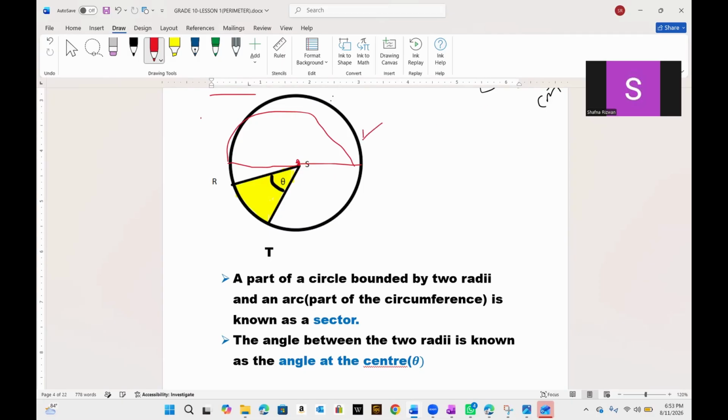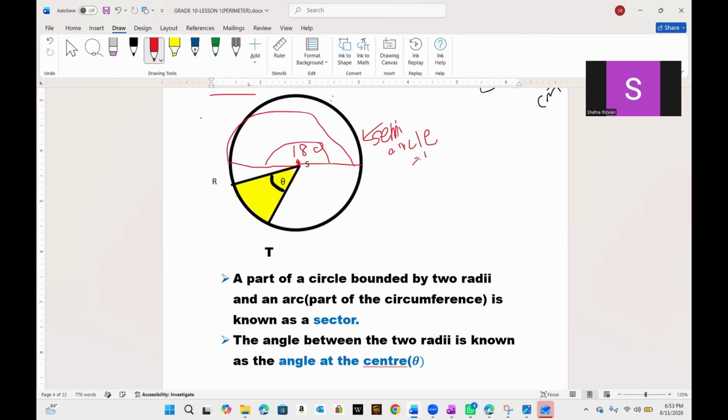If it is a semicircle, then it is also a special type of sector. Half of the circle is known as a semicircle. But what will be its angle at the center? Half circle, how much is the angle at the center? 180 degrees.